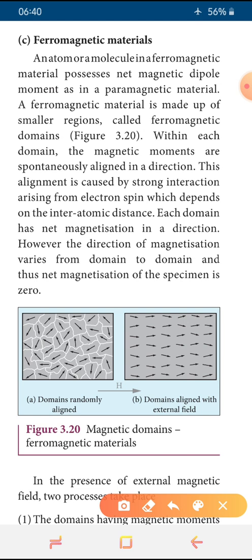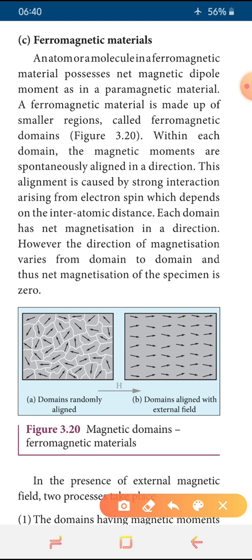Once again we are recalling the magnetic dipole moment we discussed at the start of this unit: the product of the strength of the magnet and the distance between the two poles. Do you remember? Yes. That dipole moment in ferromagnetic material is like a paramagnetic. In the last class we discussed paramagnetic material, and that same property is given here.